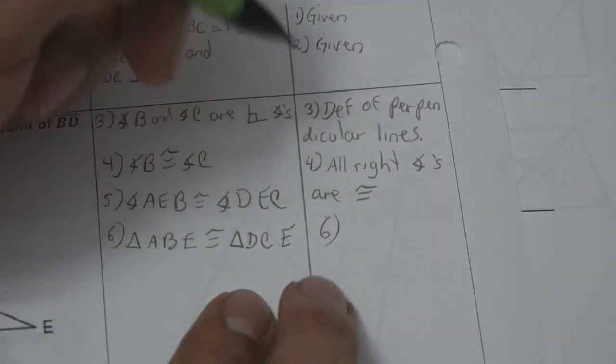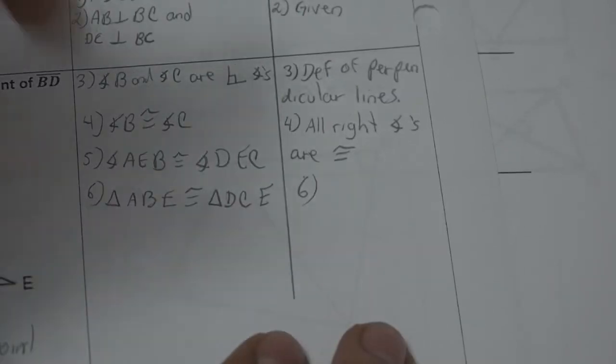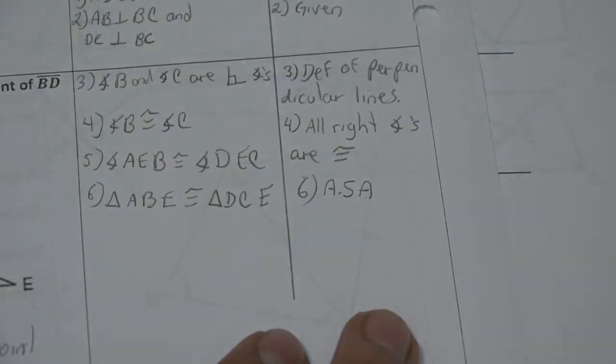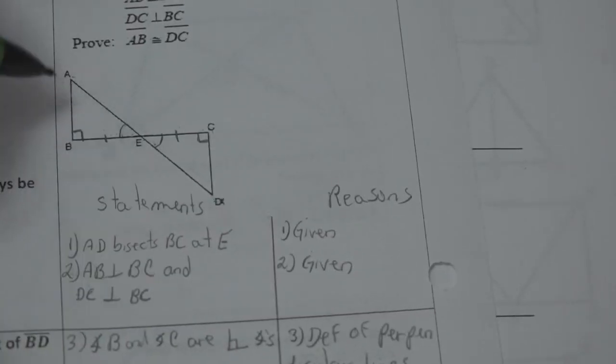The reason behind it, did I miss something? Let me see. No, I didn't. How did I prove them congruent? Angle, side, angle. So they are congruent by angle, side, angle. See that? And now watch this. I proved them congruent already.